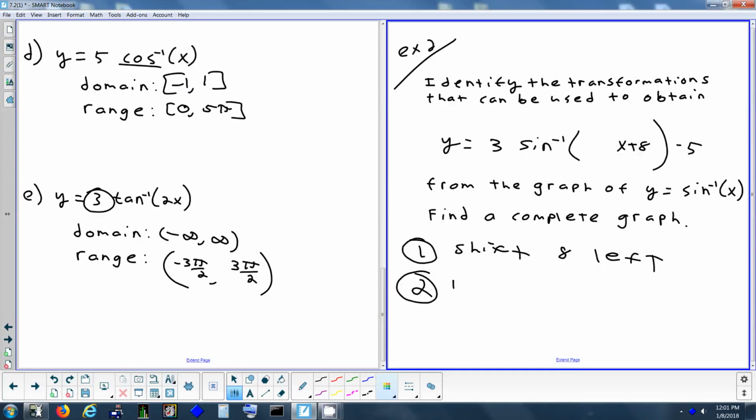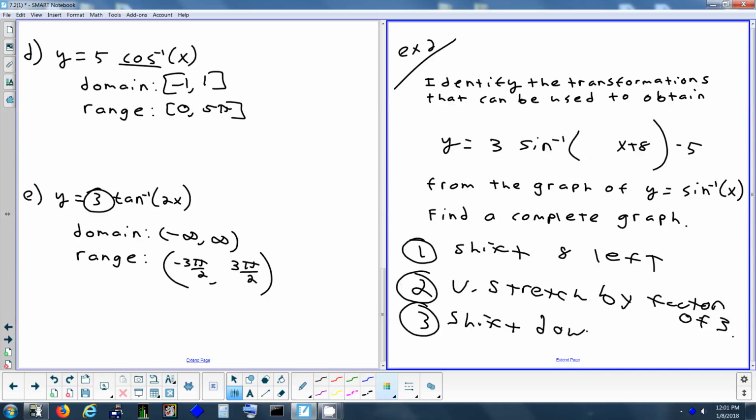Factor of 3. And a vertical shift which way? So you could just say shift down. If you tell me down, I know down is vertical. Shift down 5. Any questions on that?